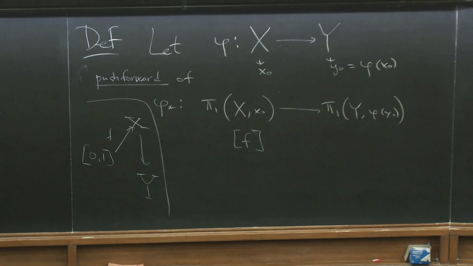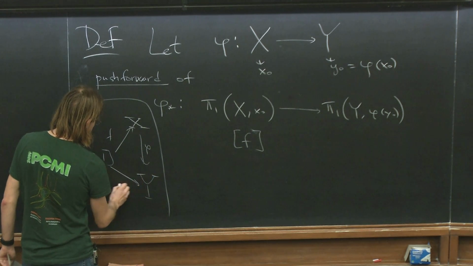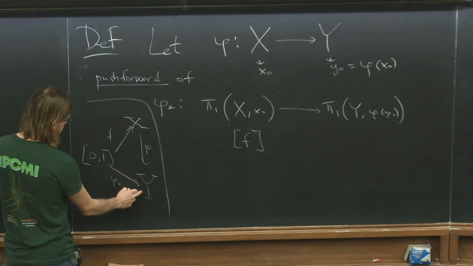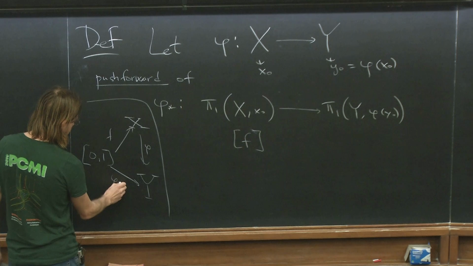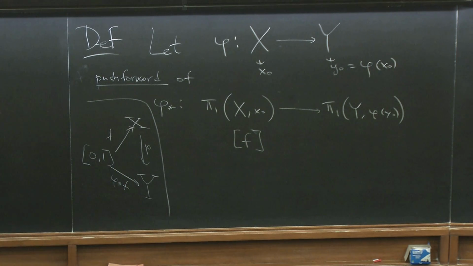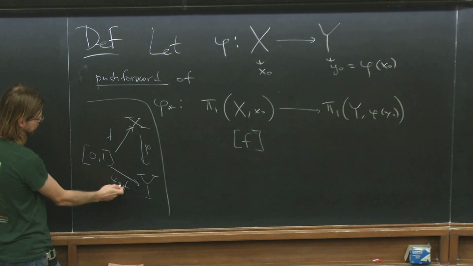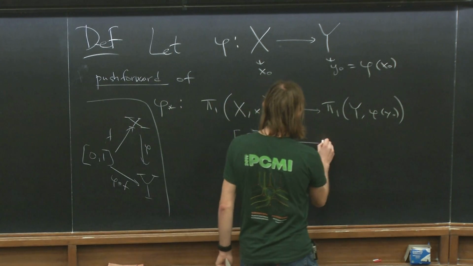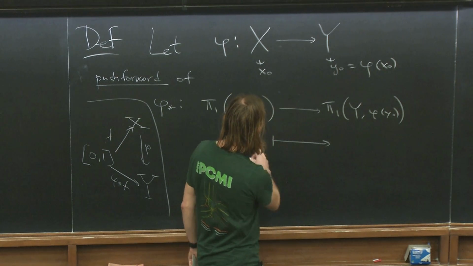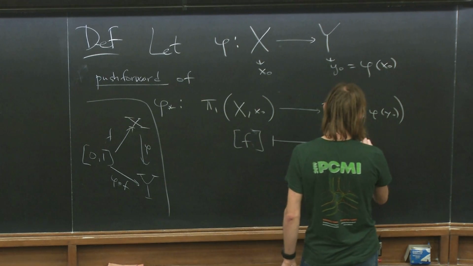And what we can do is compose this map with the map phi to get a map from the interval to Y, which will also be a loop because f(0) was the same as f(1), so the composition will also have this property. Then we just send the class represented by f to the class represented by the composition.